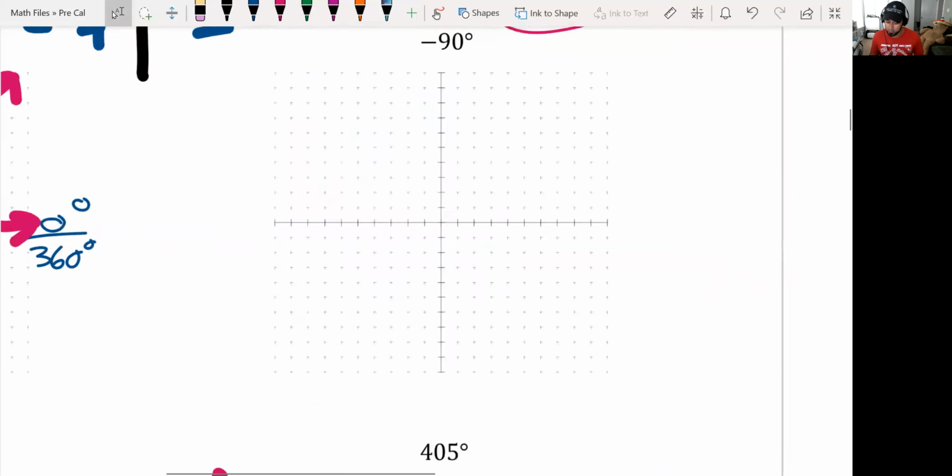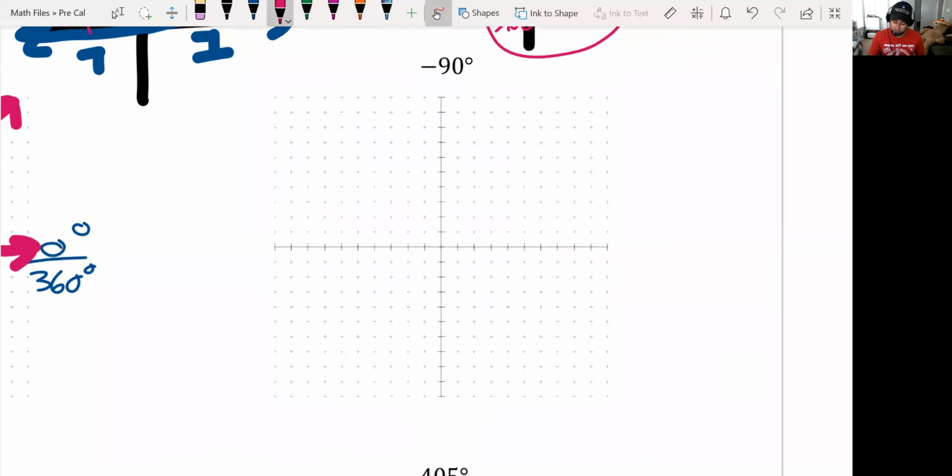Let's try it again. Negative 90 degrees. Once again, label everything. 0, 90. Don't forget your degrees. 180, 270, 360. Now, negative 90 degrees, remember a negative angle goes clockwise.